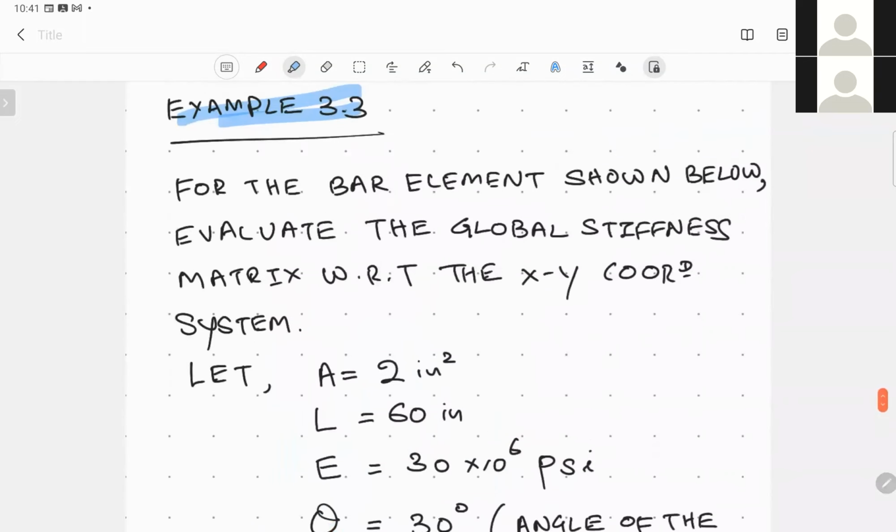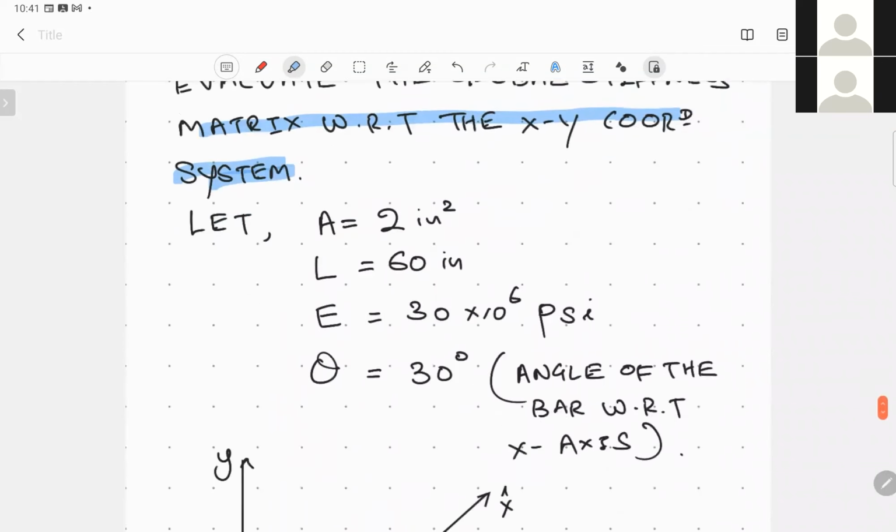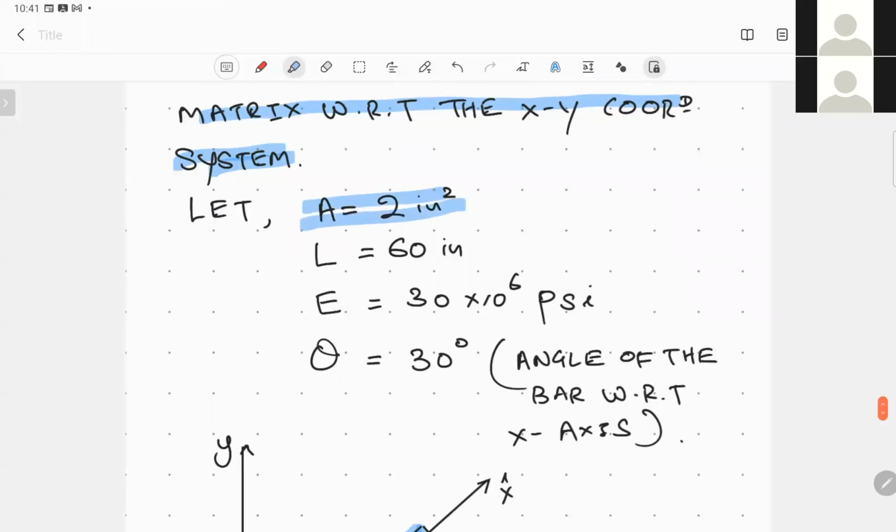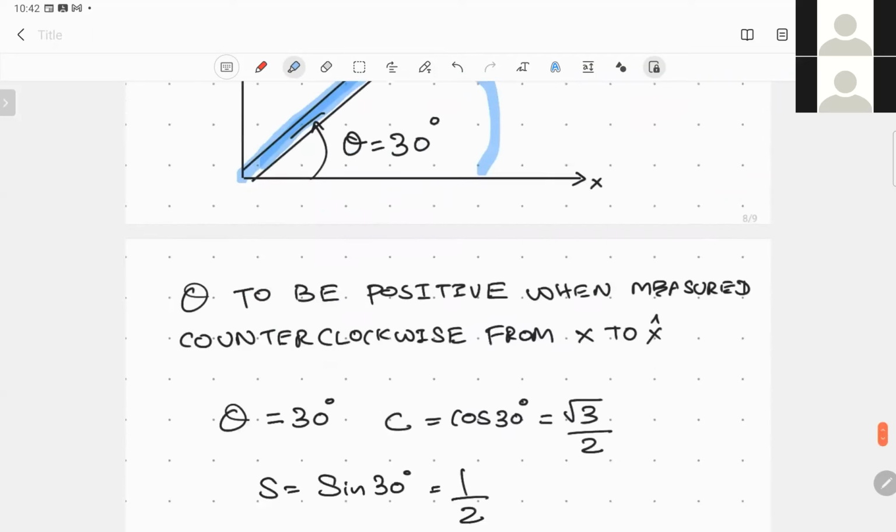For this bar element, try to evaluate the global stiffness matrix with respect to the XY system, and assume the cross-sectional area, the length and the modulus of elasticity are given, and of course the rotation angle is given.